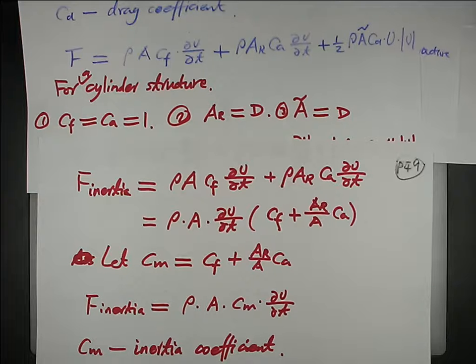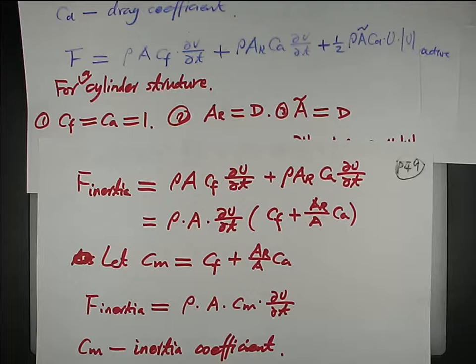CF, yes, we can say CF is 1. But what is CA? What is the value of CD? Yes, CD is the drag coefficient. Even if we combine the first term and the second term together into inertia force, Cm, what is the value of Cm?